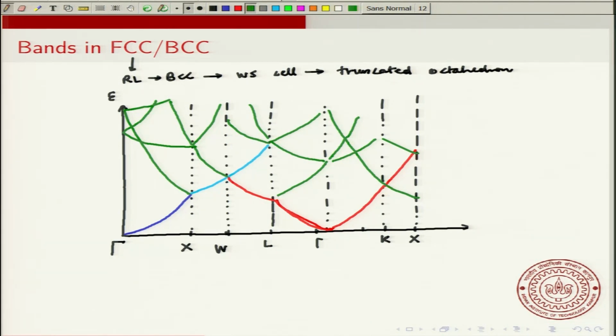And in fact, what would happen due to the non-free nature of the electrons, because the electrons are not truly free, is that this band structure will look slightly more complicated, gamma X W L gamma K X. Each of these bands will actually, because of the repulsion, go to something like this.